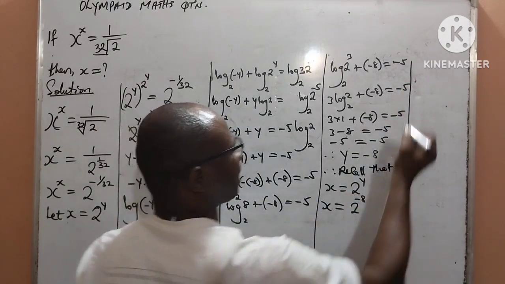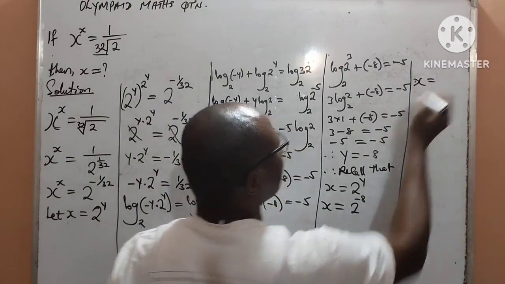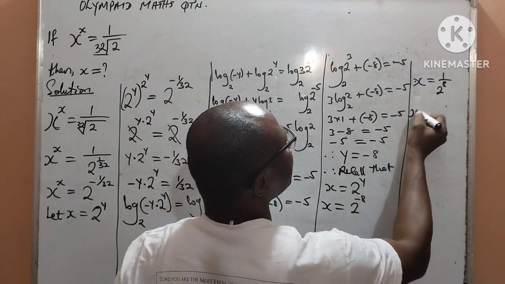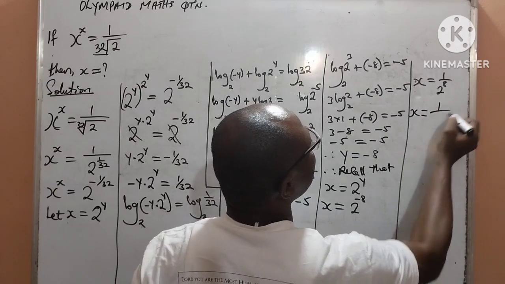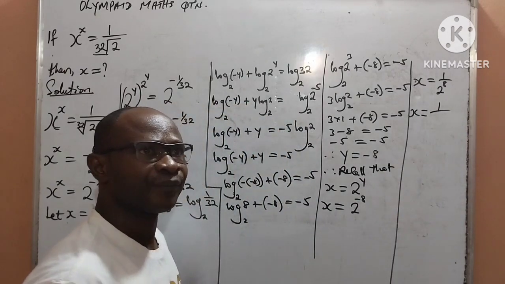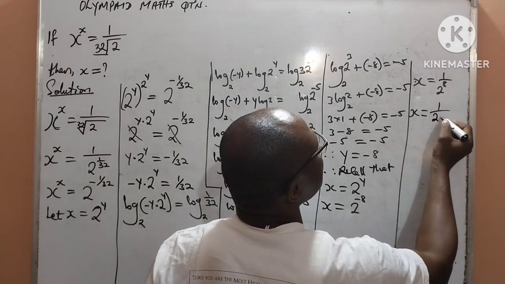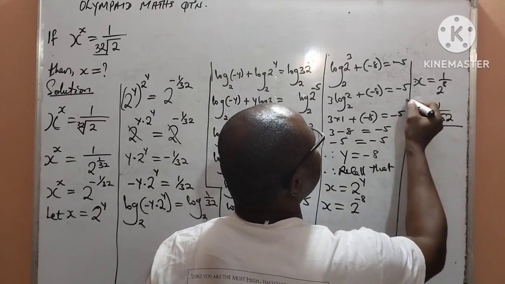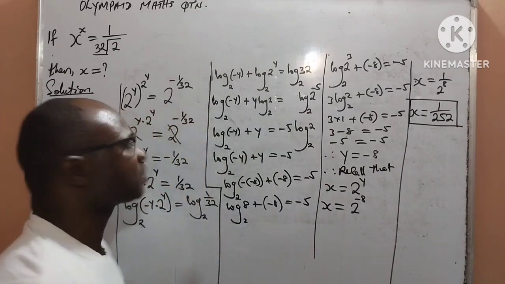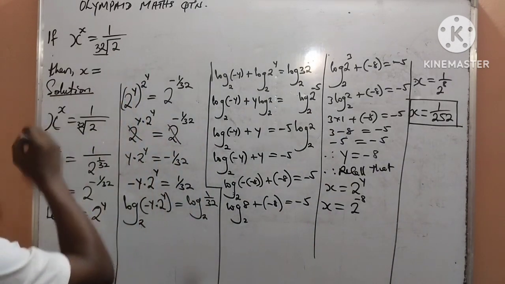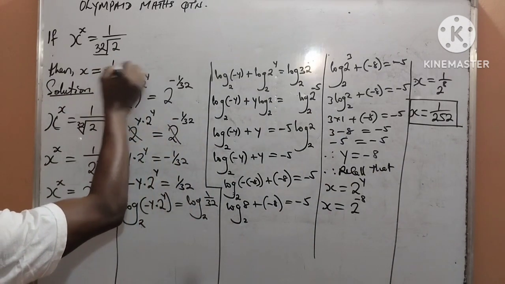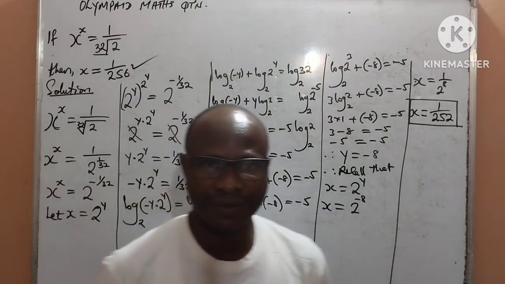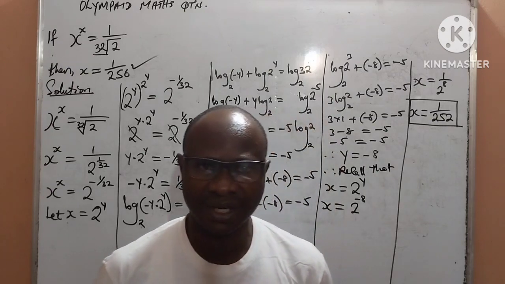And you can agree with me that x now will be equal to 1 all over 2 raised to the power 8, making x equal to 1 all over 2 raised to the power 8, which is equal to 256. Final answer. So in conclusion to this question, the value of x is equal to 1 all over 256.